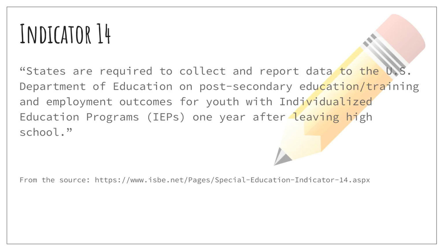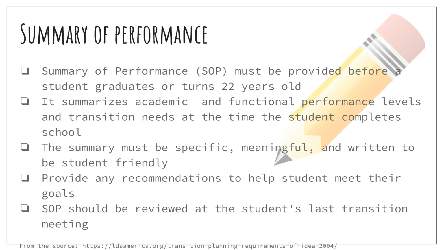So if your district is selected by ISB to complete indicator 14, you would then go on their website and get a script to call or connect with students a year after leaving high school to see what kind of things they do now that they've left. It's a way to make sure that your transition plan actually helped the student and kind of see what they've been doing after they leave high school.